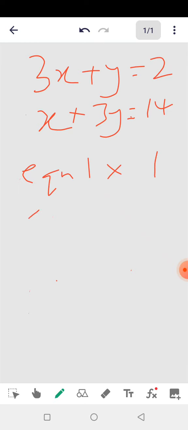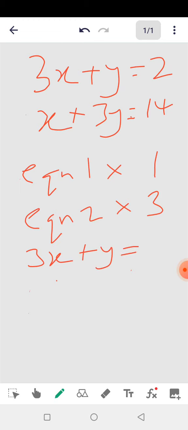Then I multiply equation 2 by the coefficient of x in the first equation, which is 3. Now because of space I have to write it like this. If you do this, we end up having 3x plus y is equal to 2, then 3x plus 9y is equal to 14 times 3, that will be 42.